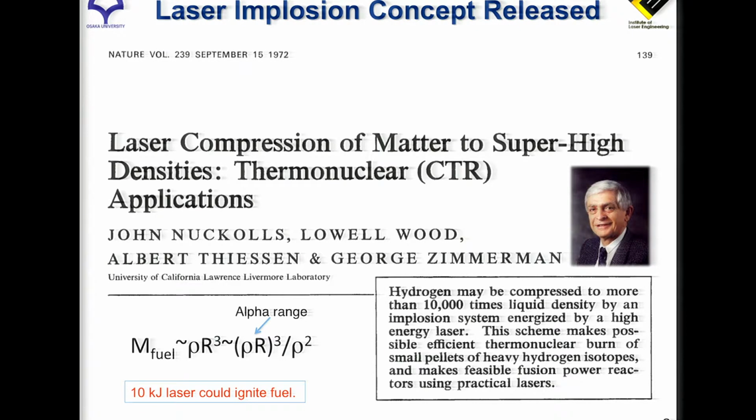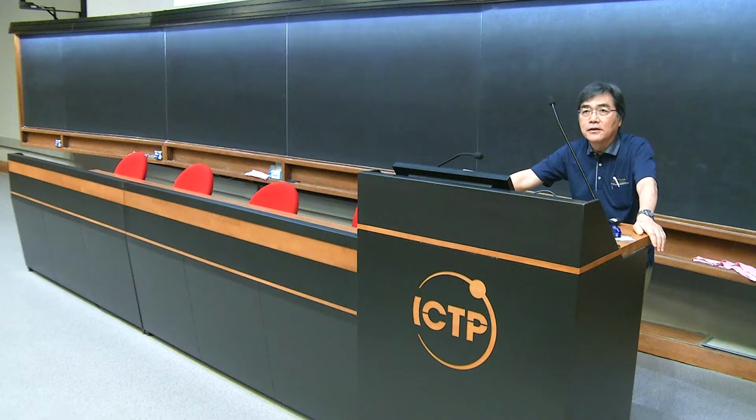As indicated here, the DT fuel mass is proportional to rho r cube, and since we have to keep rho r constant, that should be larger than the alpha particle range, so that the fuel mass is proportional to the inverse square of density.